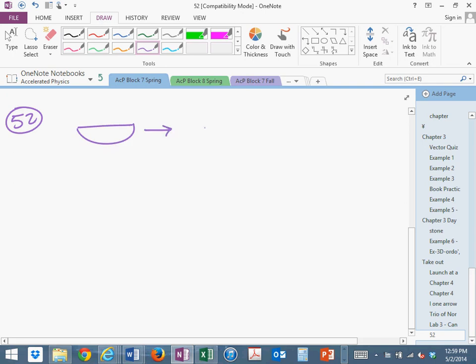I've got the force of the water on the boat, and I've got the force of the resistive. I don't know what we call it. I'm sorry, this is the motor, right? And this is the water.